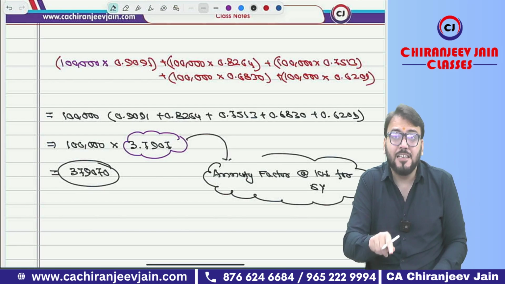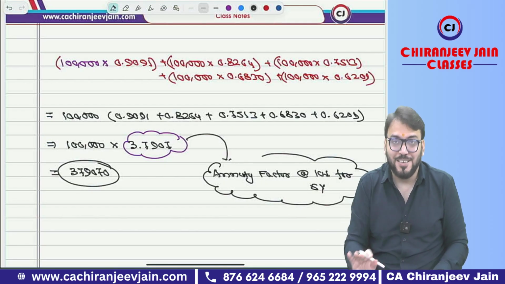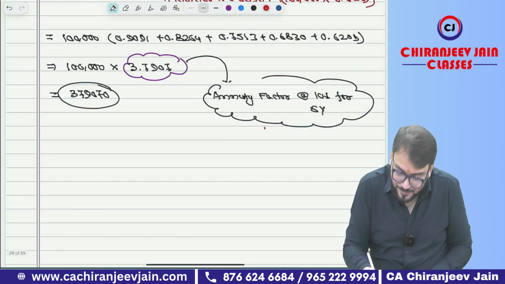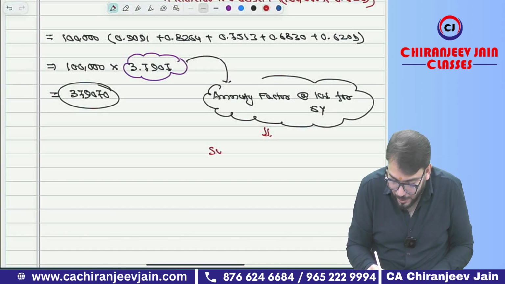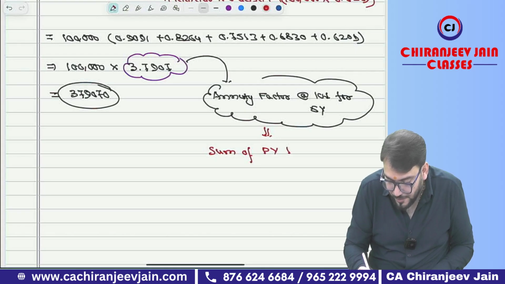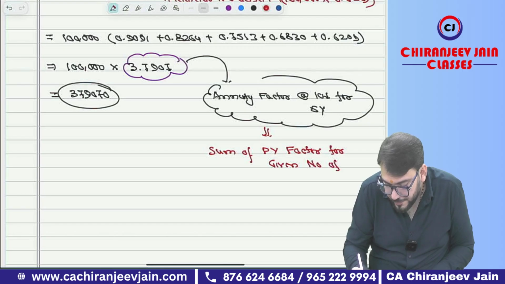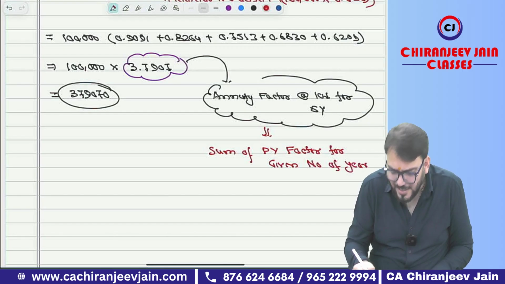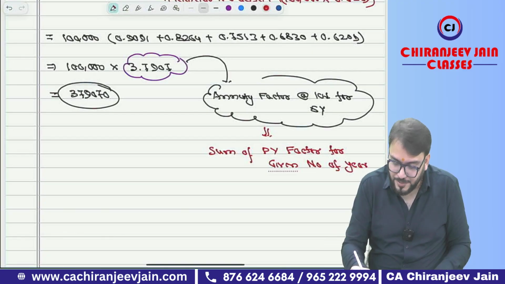So I was just explaining the difference between present value factor and annuity factor. Annuity factor is the sum of what? Sum of present value factor for a given number of years at the rate of interest whatever is given.